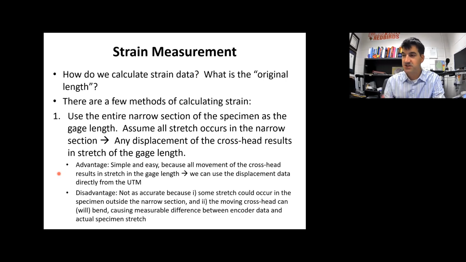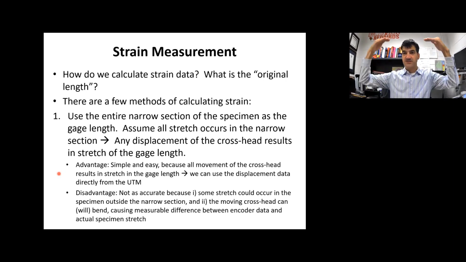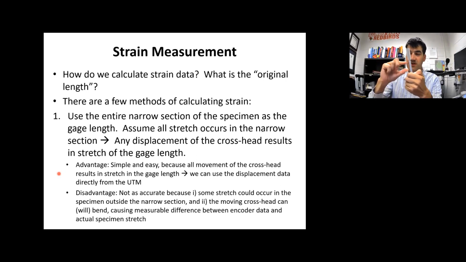So the UTM machine measures the rotation of that lead screw, and as that lead screw rotates, it causes the moving crosshead to move up and down, and any movement of the moving crosshead up or down causes a deformation in the test section of this part right here. All right, so if we use this method, then we can use the displacement data directly from the UTM machine itself. So it's pretty easy and pretty straightforward. But the disadvantage, and there are actually a couple here, that's an assumption.